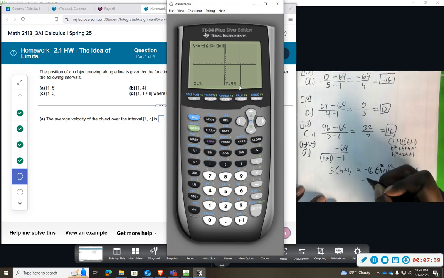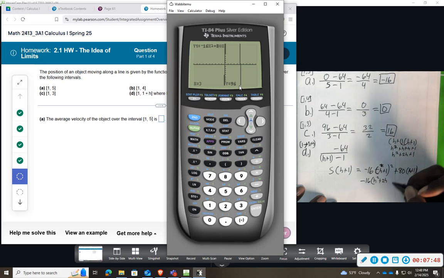So negative 16 is going to get multiplied through to the h squared plus the 2h plus the 1. And then we're going to have 80 times h, 80h, and then 80 times 1, plus 80.